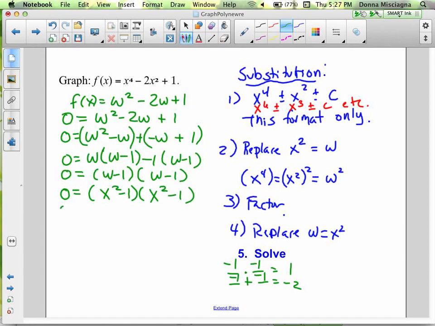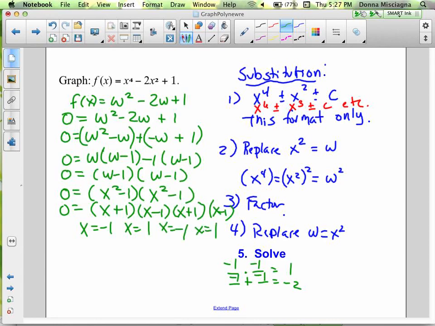And remember, difference of squares, this is going to factor to square root plus square root minus square root, and square root plus square root, and square root minus square root. So now we can see that we've got x equals negative 1, x equals 1, x equals negative 1, x equals 1, and we can see they're all multiplicity 2.